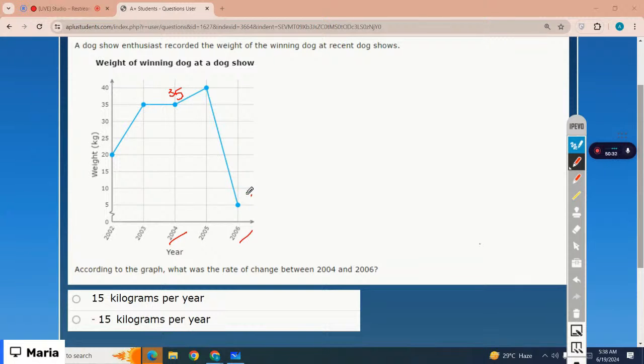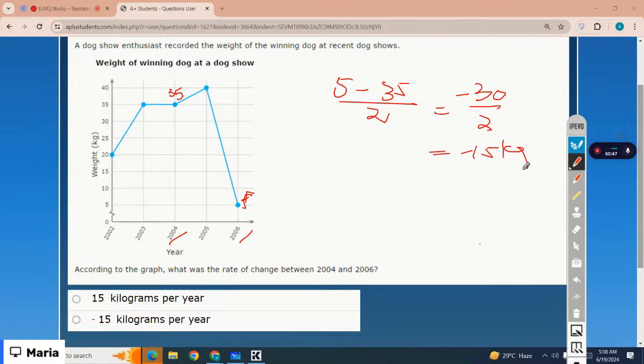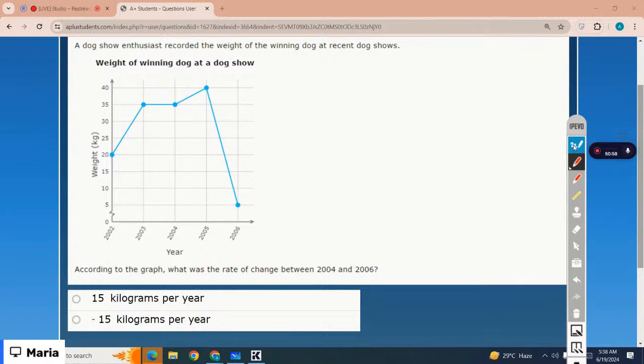And that is 5 minus 35 divided by 2. That is negative 30 over 2 equals negative 15 kilograms per year. The correct option is negative 15 kilograms per year. Option number 2 is the correct option. Got it?